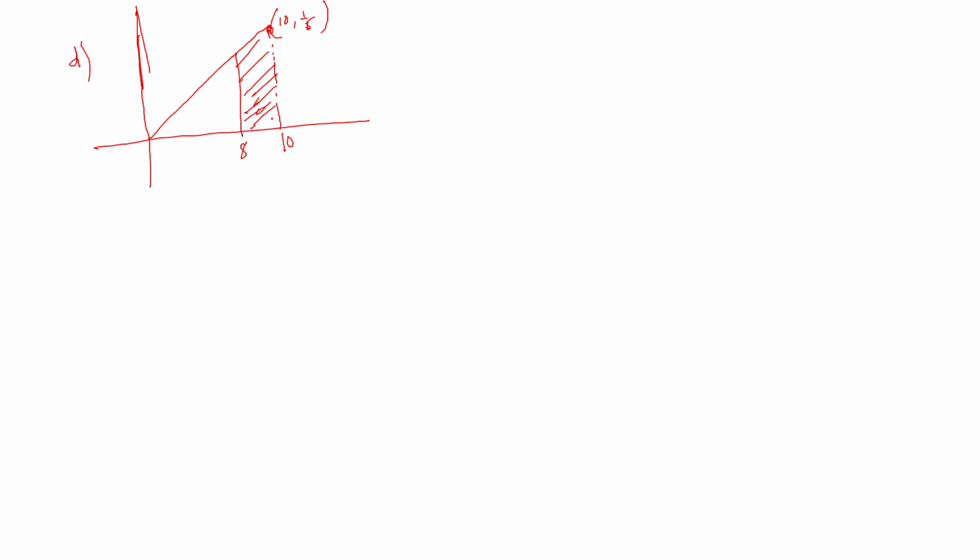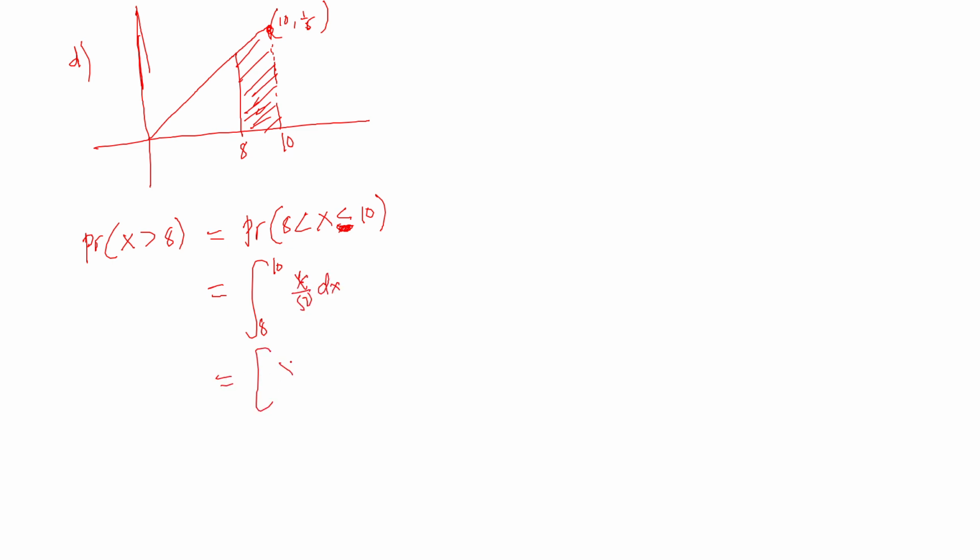So P(X > 8), starting from 8 going to 10, where x is greater than 8 but less than 10. So we have the integral from 8 to 10 of x over 50 dx. This will become x squared over 100 from 8 to 10.